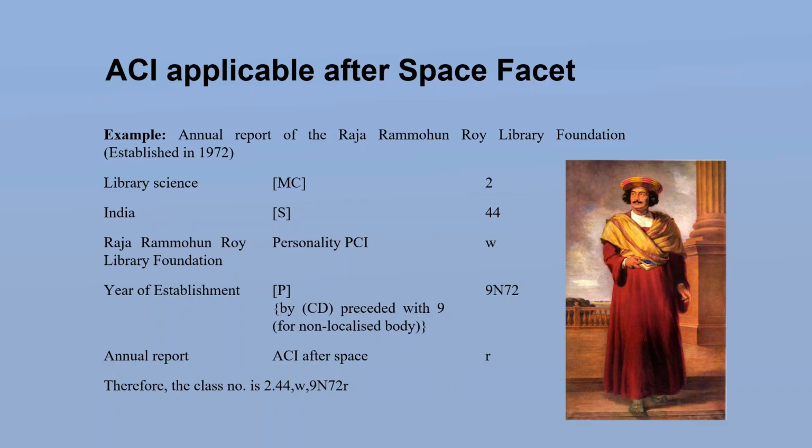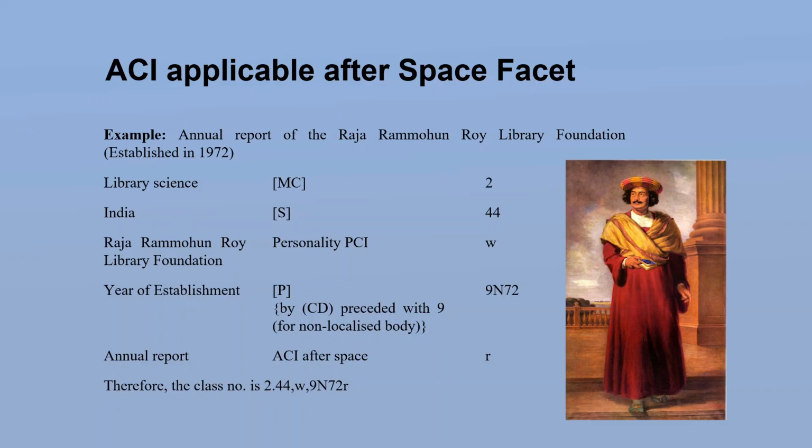So to the fullest extent we get the class number, that is library science. The Raja Rammohun Rai Library Foundation is an institution in the subject main class library science. It is situated in India and it is a national level institution.